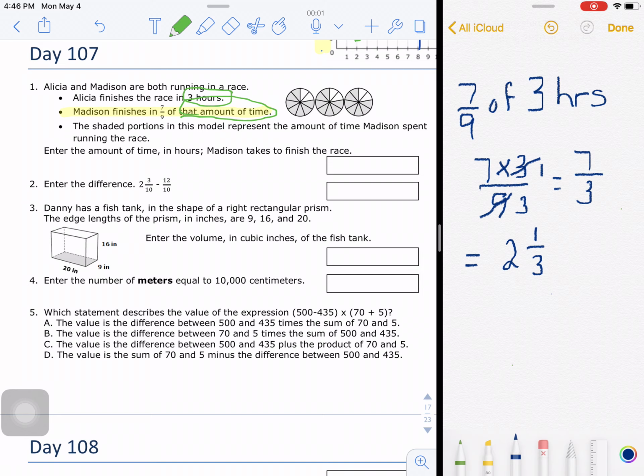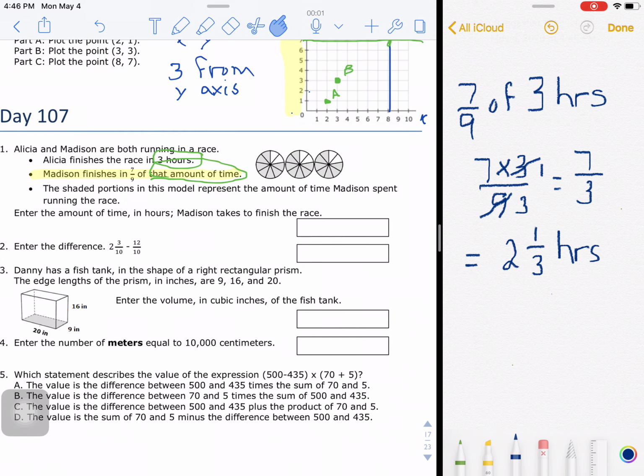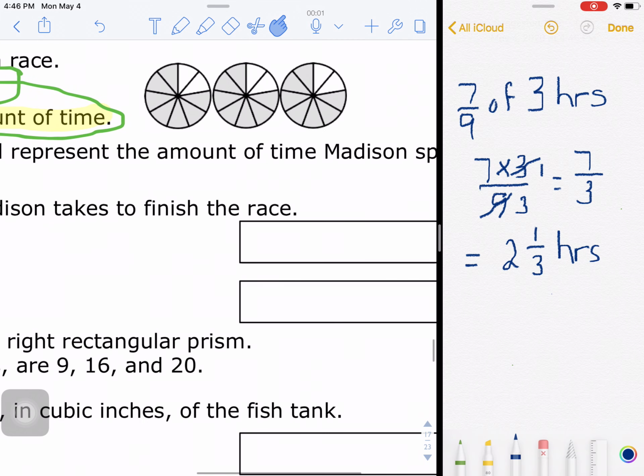Now, we know that that is in hours. Before I write my answer, I want to take a look at our diagram. Each of these circles has 7 portions shaded, and that is equal to 21 what? If we look carefully, there are 9 pieces, so this would be 21/9.